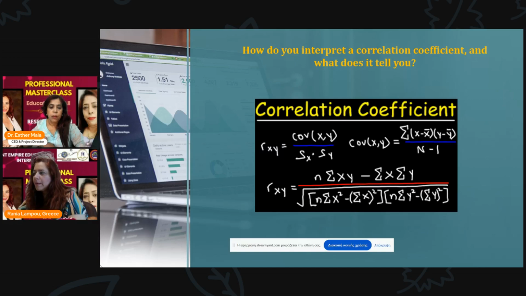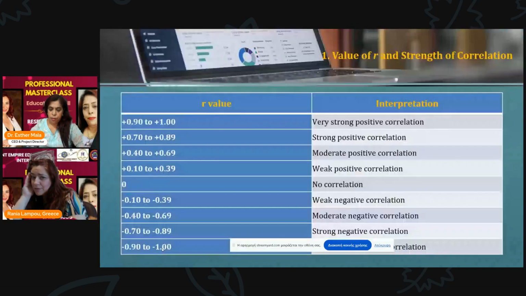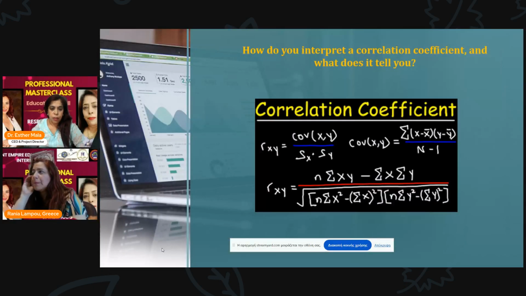Now, how do you interpret the correlation coefficient and what does it tell you? A correlation coefficient, usually denoted by r, quantifies the strength and direction of a linear relationship between two variables. It ranges from minus 1 to plus 1.